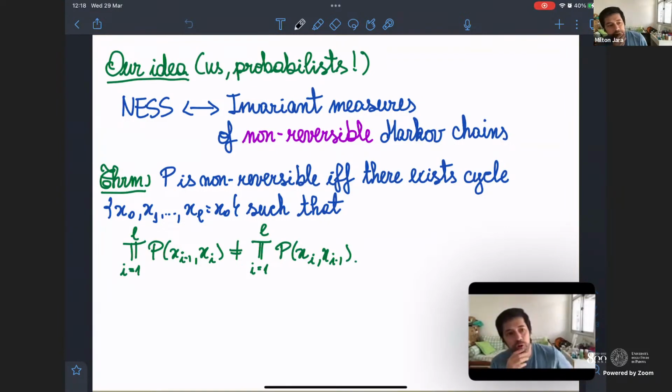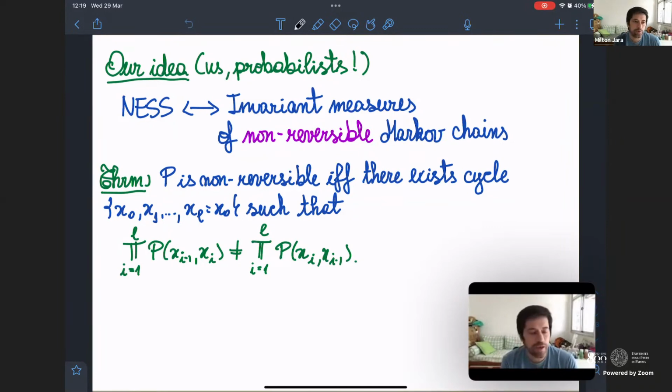So now, my initial goal was to study this non-equilibrium stationary state that appears in real life, let's say, and now I'm translating this question into a mathematically sound question, which is the study of the invariant measures of non-reversible Markov chains.